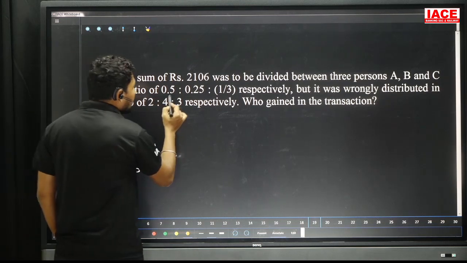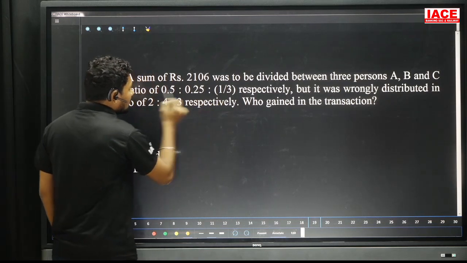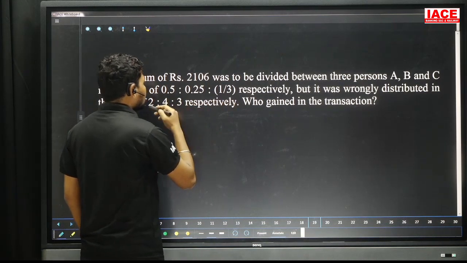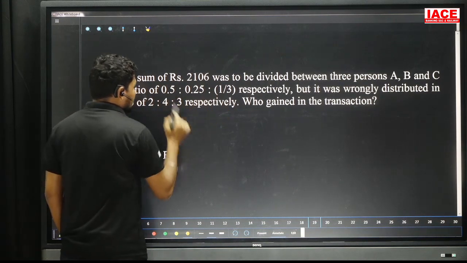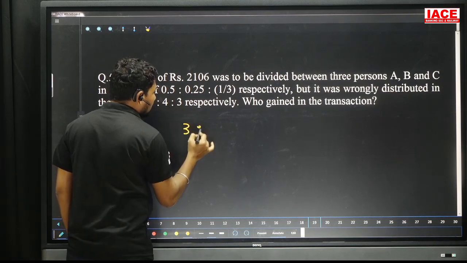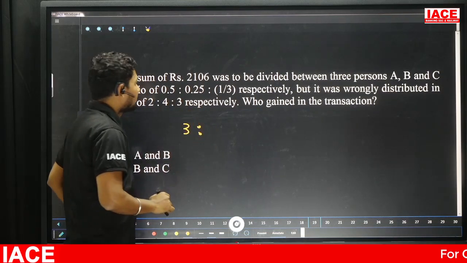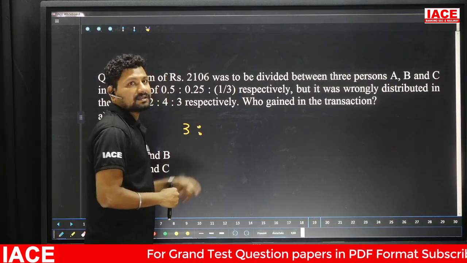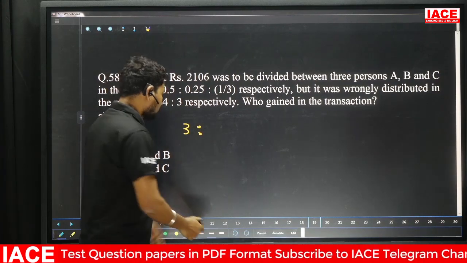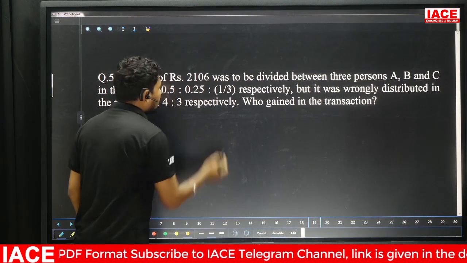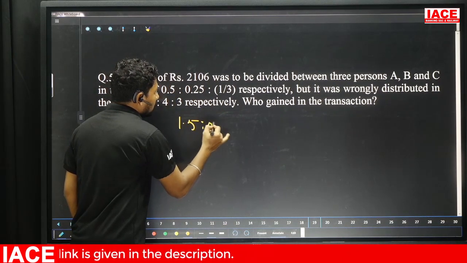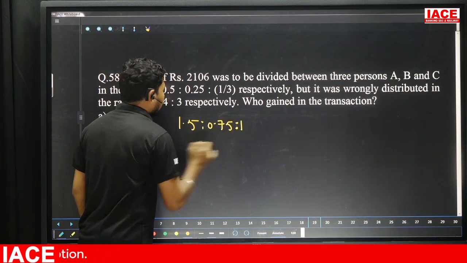And next, a sum of 2106 is to be divided between three persons A, B, C. The ratio is 0.5, 0.25, 1 by 3. For the total ratio, I am multiplying with 3 first. Then the total ratio is multiplied with 6. 3 into 0.5 is 1.5, 0.75, and 1.